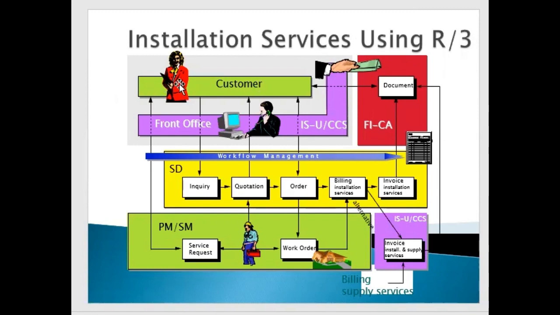They get a request from the customer that they need some maintenance at a particular point. So based on that query, they do an inquiry. To do the inquiry, they send somebody to the field. To send somebody to the field, they have to generate a service request.